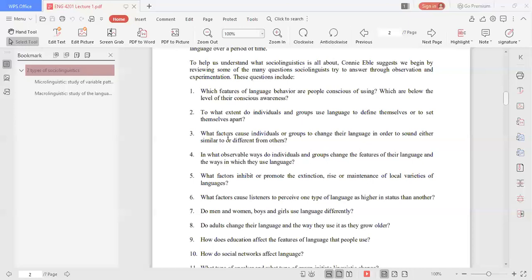I hope you know the meaning of the word extinction, right? In Bengali, can you tell me what it means, extinction? Anyone? Sir, মানে বিলুপ্ত হয়ে যাওয়া.